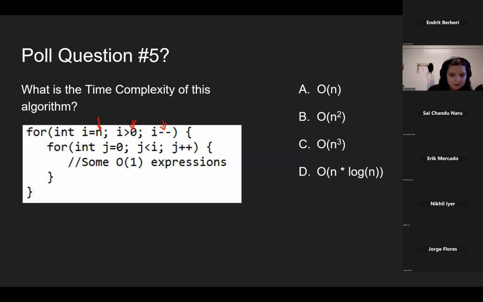The second one, that's the trick, goes from 0 to i at each iteration and is incremented by a constant. Low-key maybe D.